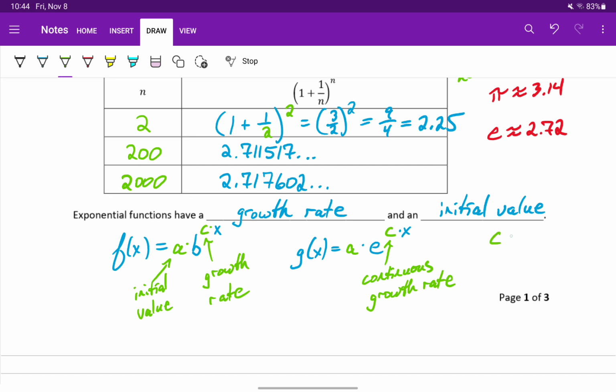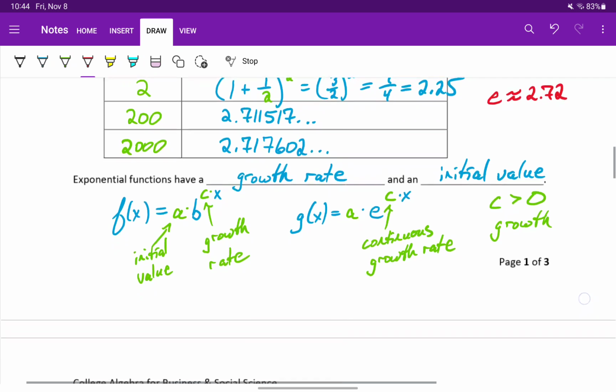It's also important to note that anytime our value for c is positive, or I should say greater than 0, then what we have is exponential growth. That function is increasing like we saw in the curves that we looked at above. And if that value for c is less than 0, then what we would have is exponential decay.